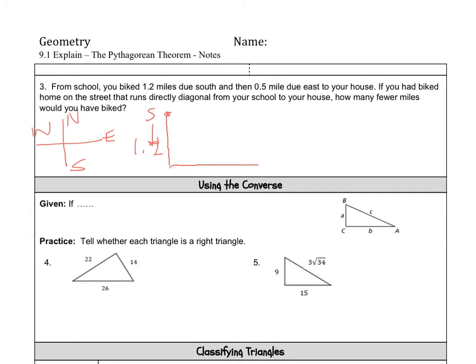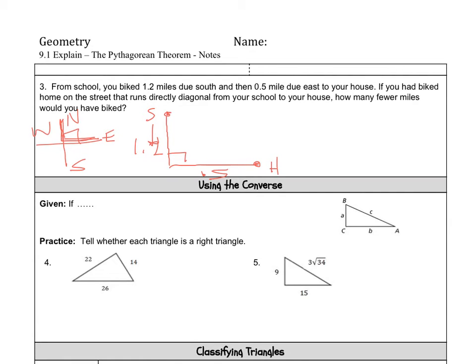Well, when I go south and then directly go east, don't I make a perpendicular line? So there's making a right angle. So there's my right angle. And right here at this point, that's my home. So we'll put H for home. And so they say that distance is 0.5 miles.